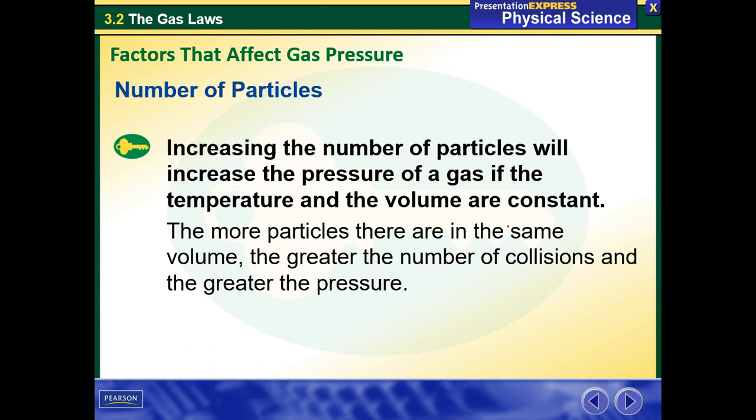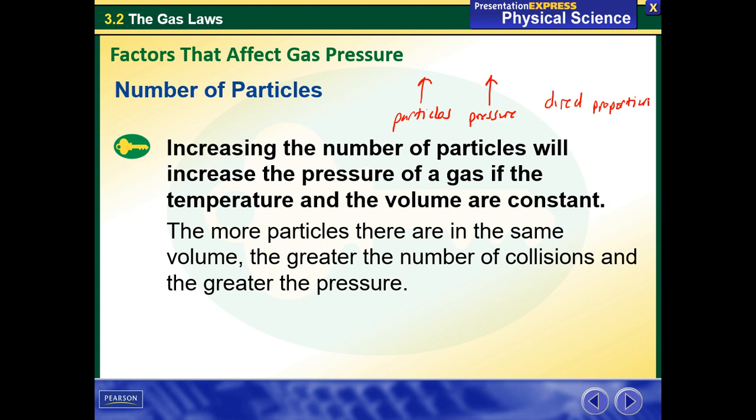The last thing we're going to focus on is the number of particles. One thing to know about the number of particles is if you increase the number of particles, we're going to see that the pressure also increases. Again, notice both arrows are the same way, so this is a direct proportion.